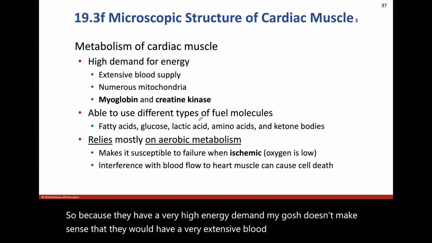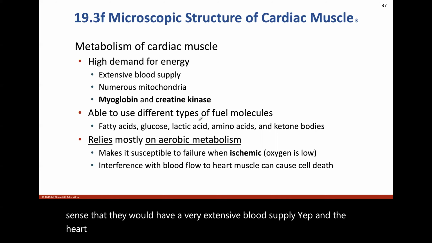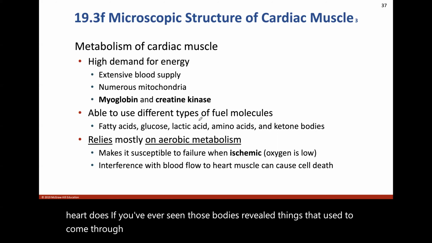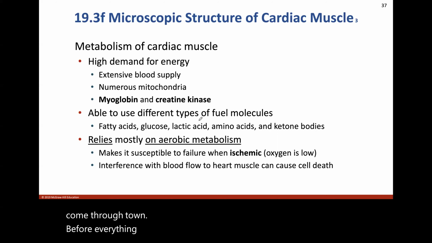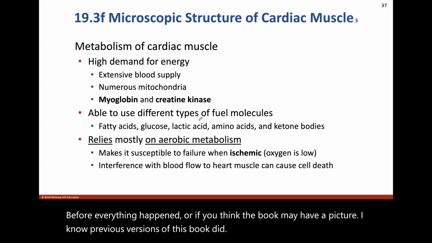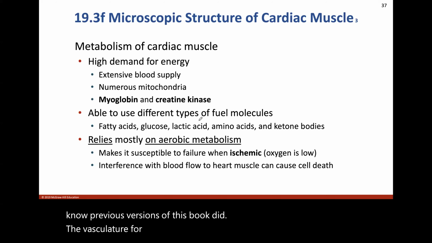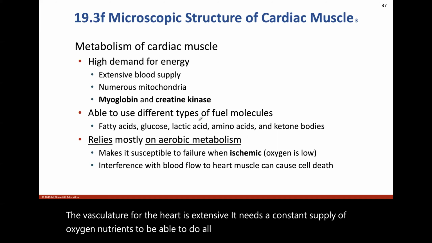Yep, and the heart does. If you've ever seen those Bodies Revealed exhibits that used to come through town, or I think the book may have a picture. I know previous versions of this book did. The vasculature for the heart is extensive. It needs a constant supply of oxygen and nutrients to be able to do all the stuff that it does.